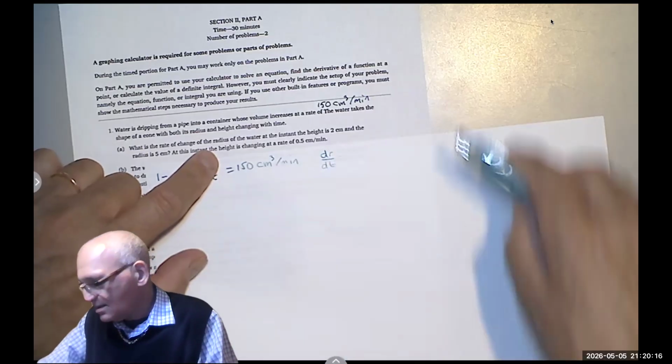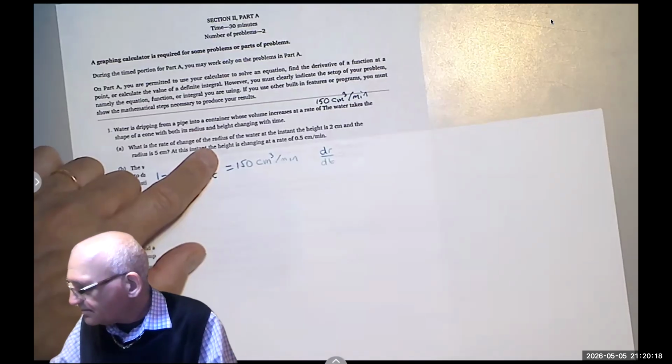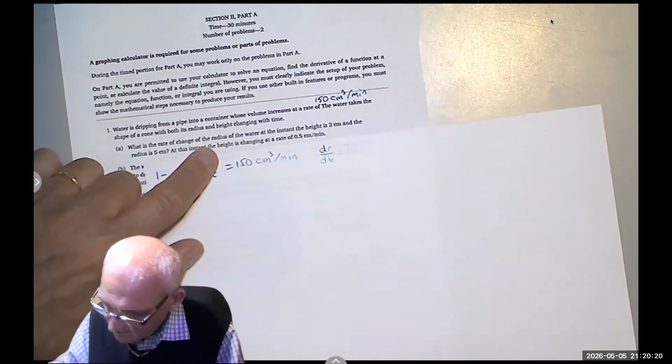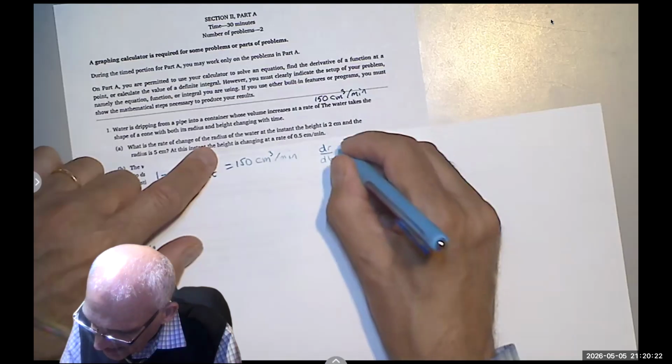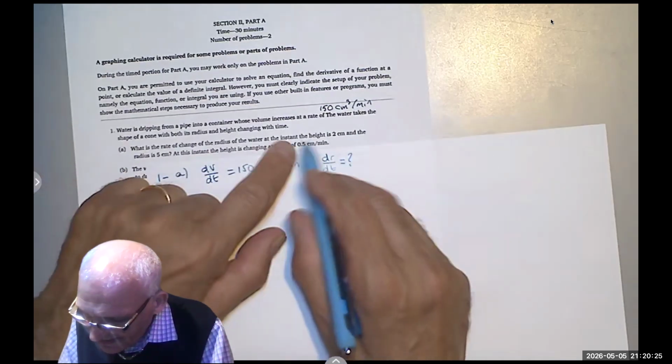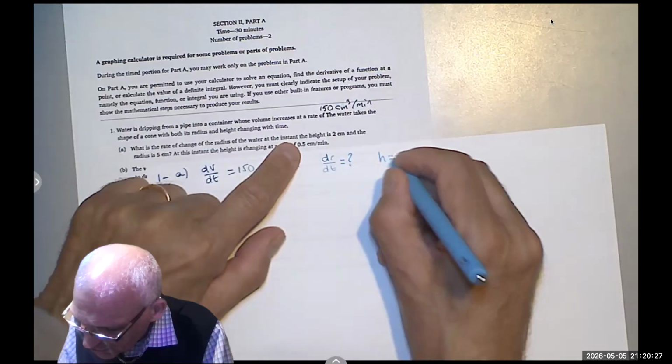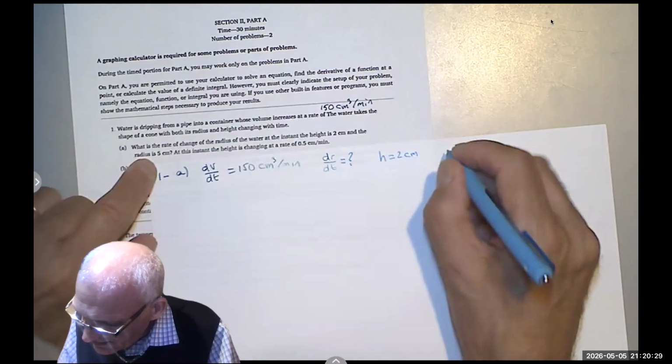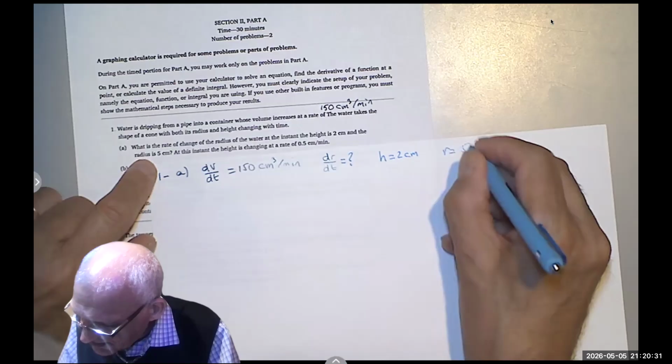That's a related rates problem right there, as you can see. What is dr/dt at the instant when the height is 2 centimeters and the radius is 5 centimeters?